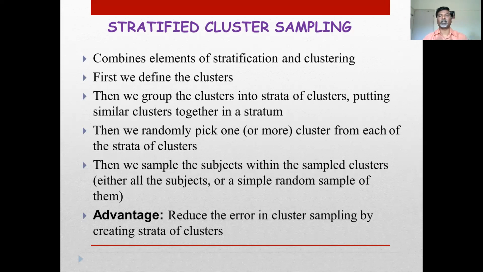This method reduces the errors in cluster sampling by creating strata of clusters. All the population is divided into clusters, each cluster is further divided into strata, and from each stratum we select some representative sample. So all members from that particular cluster will be covered in this sampling method, which reduces the error in cluster sampling by creating strata of clusters.